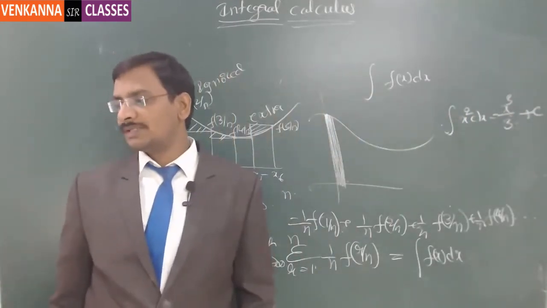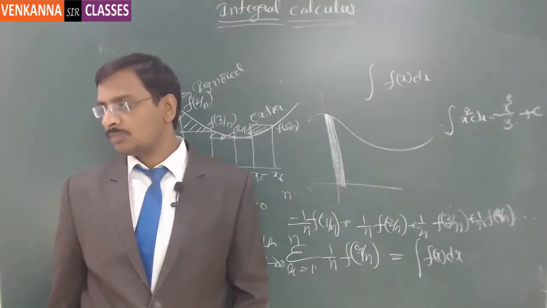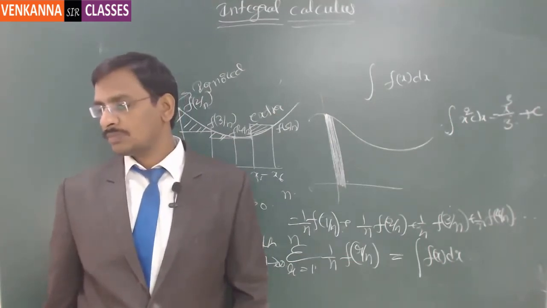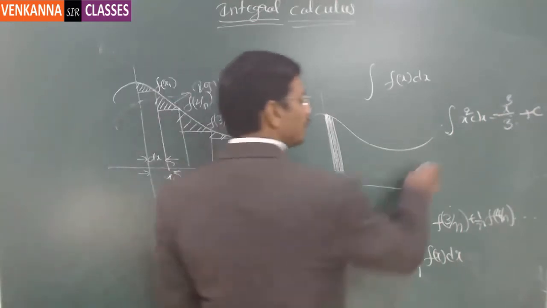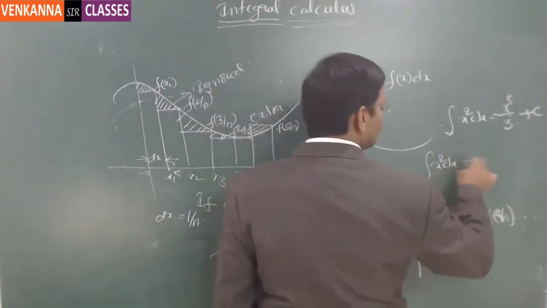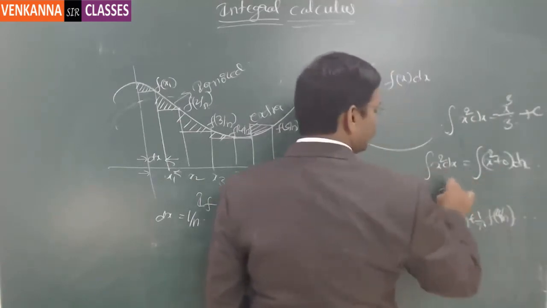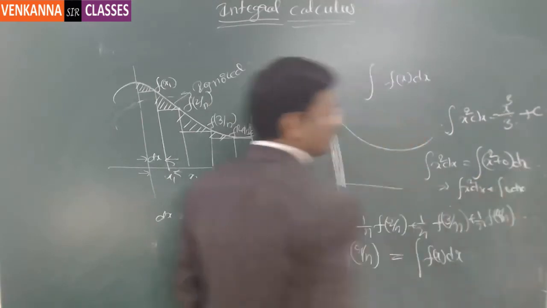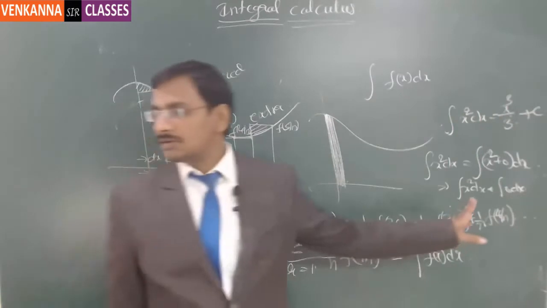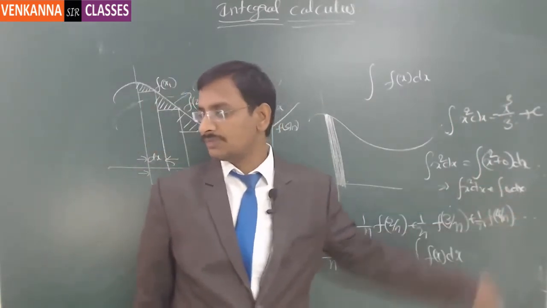Why do we have to keep plus c always? Exactly. The differentiation of a constant is 0. That means if you take the integral of x square dx, this is nothing but the integral of x square plus 0 into dx, or the integral of x square dx plus the integral of 0 dx. So the derivative of a constant is 0, then the integral of 0 will be a constant.